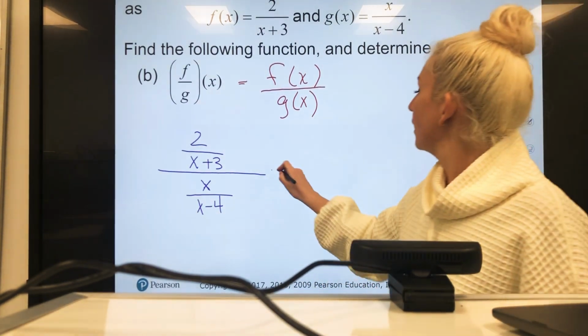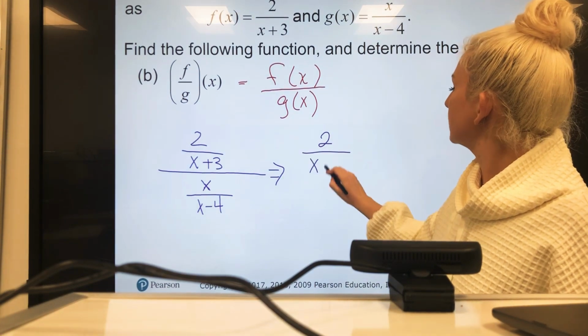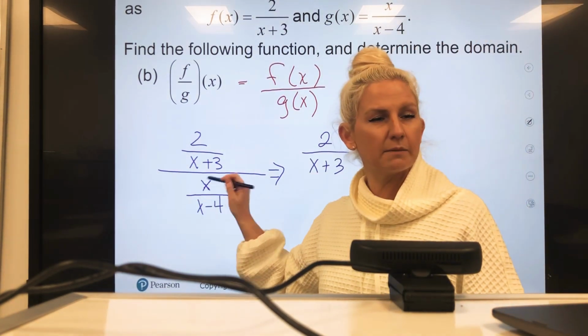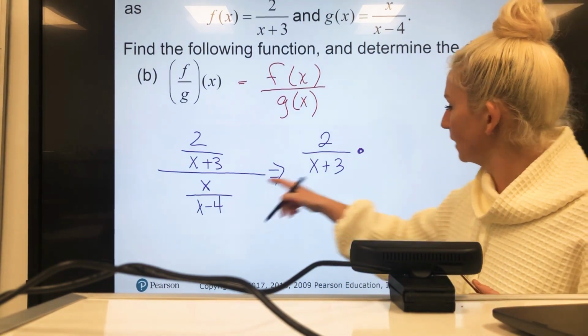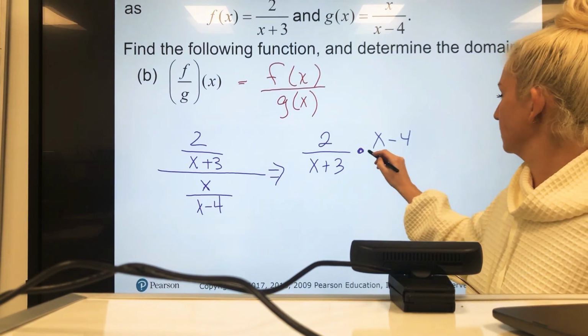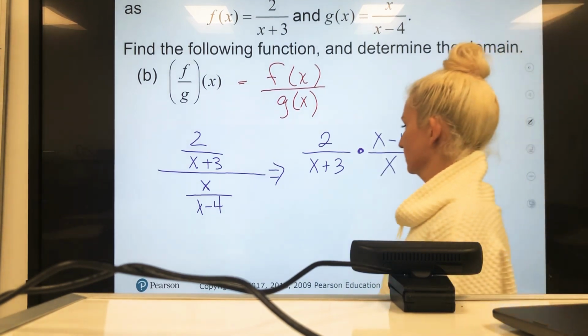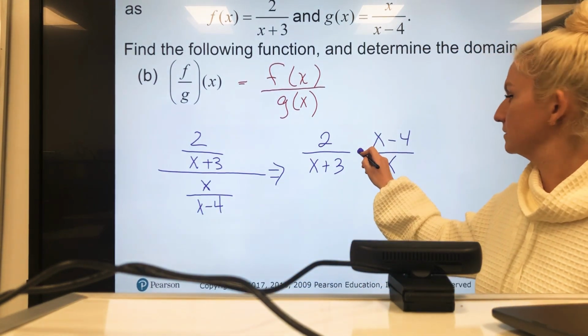So again, like I said, that's 2 over x plus 3. I'm multiplying by the reciprocal. So what is the reciprocal? x minus 4 here in my numerator and x in my denominator. Does everybody see that? I just flipped that around and multiplied instead.